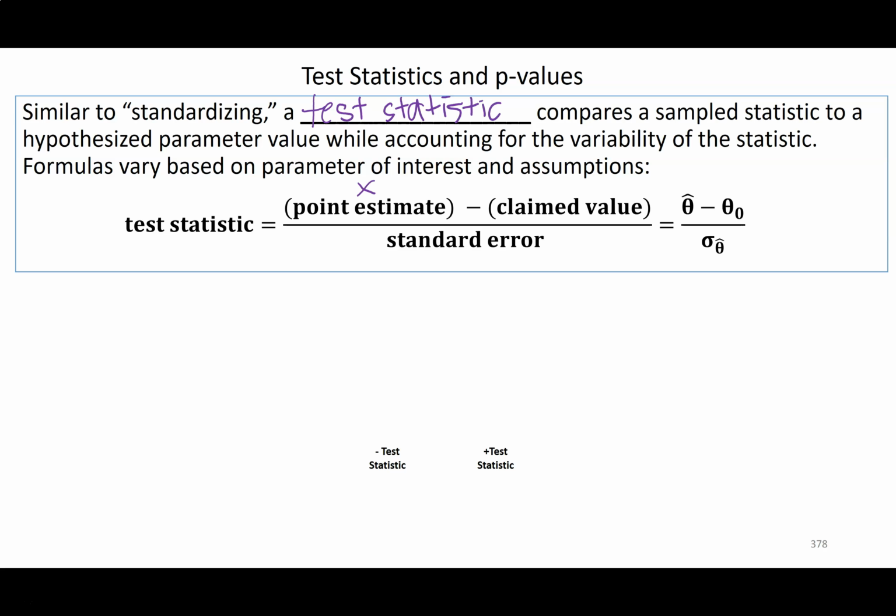Most of the time this is going to be x bar, and it's going to subtract a claimed value. So if I were looking at the soda example, minus 20 fluid ounces, and divided by our standard error. This is going to be sigma of x bar if we're dealing with sample means and population means.